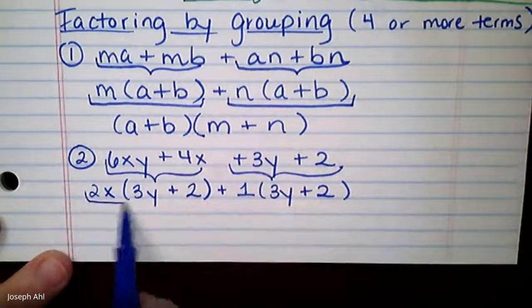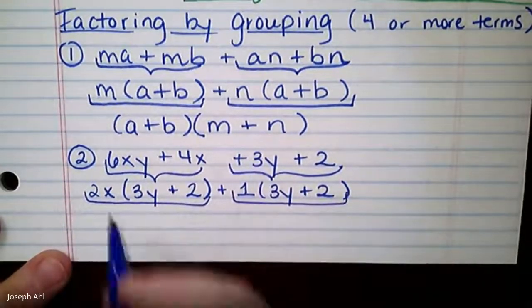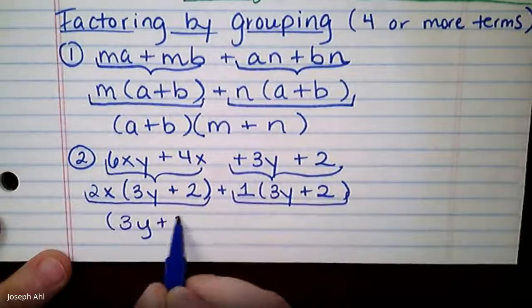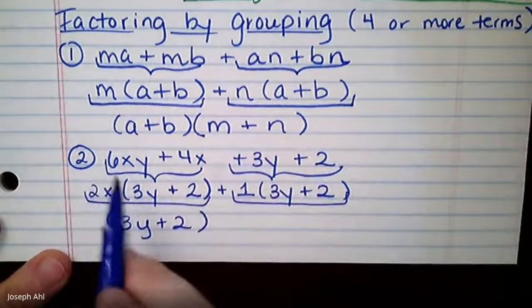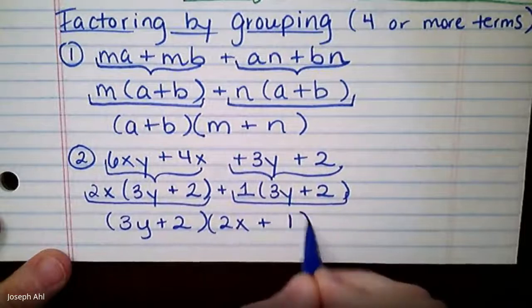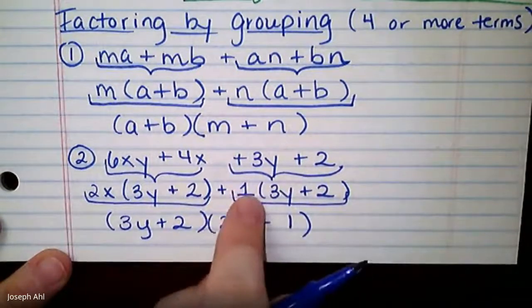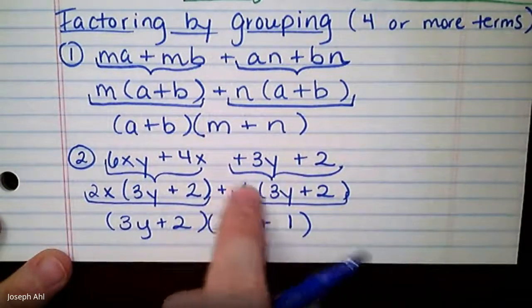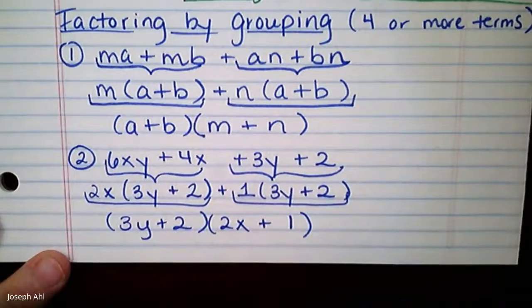It's a GCF for this and for this. So if I take out 3y plus 2 on the outside, that leaves me with 2x from the first group plus just a 1 from the second group. And I may not always write it in this format where I take out a 1, but that really helps to remind me that in the end I need a plus 1 in that location.